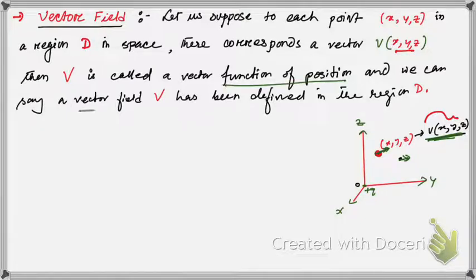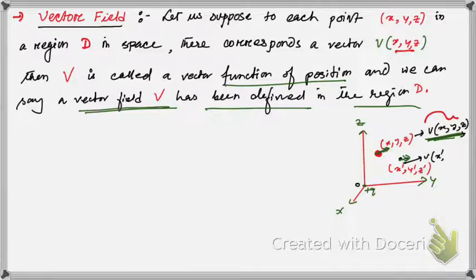We can say this vector field v has been defined in the region D. At the point x dash, y dash, z dash, its corresponding vector quantity is given by v of x dash, y dash, z dash.